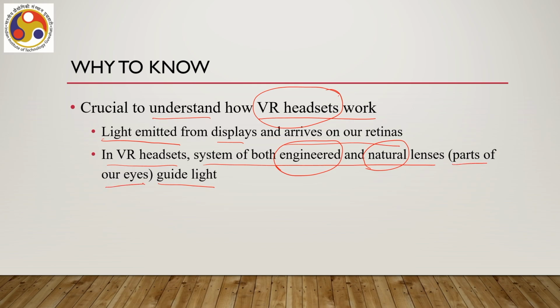So, our eyes also contain lenses as we all know. When we combine these two types of lenses, the combined system essentially helps us perceive the immersive visual content. So, it is important to know how the light propagates through this combination of lenses and eventually leads us to perceive the scene.